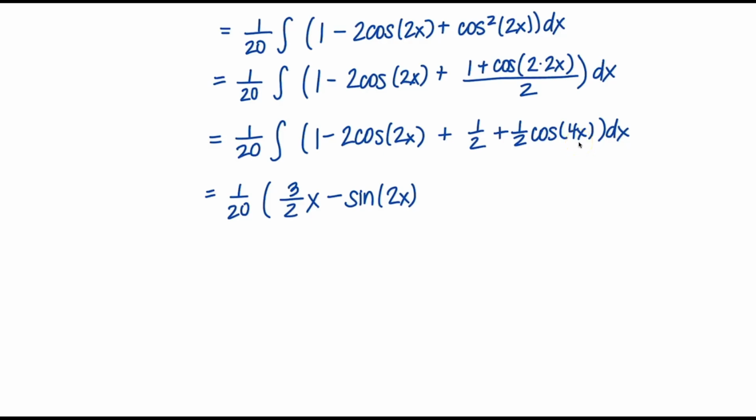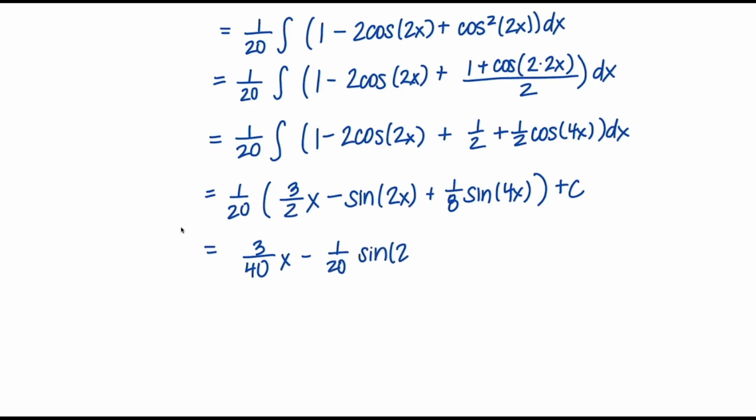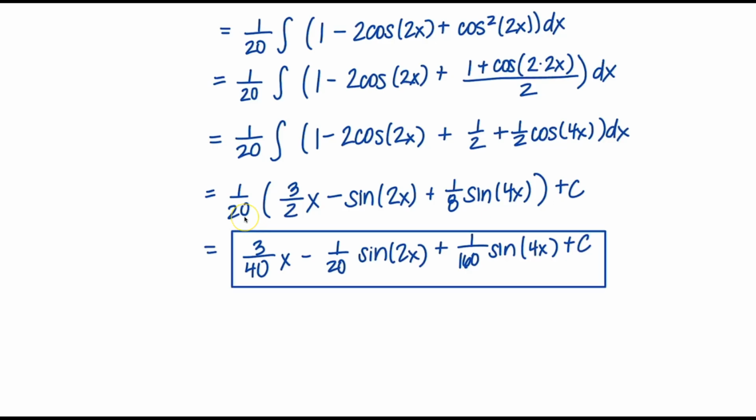So we're going to have plus 1/8 sine of 4x plus c. And now we can distribute in the 1 over 20. So we have 3 over 40x minus 1 over 20 sine of 2x plus 1 over 160 sine of 4x plus c. Or we could have left the 1 over 20 outside.